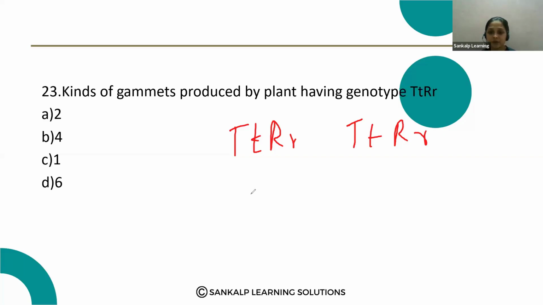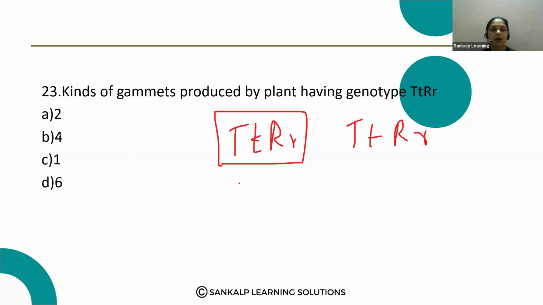What types of gametes are produced by a plant with this condition? It has four types of gametes.